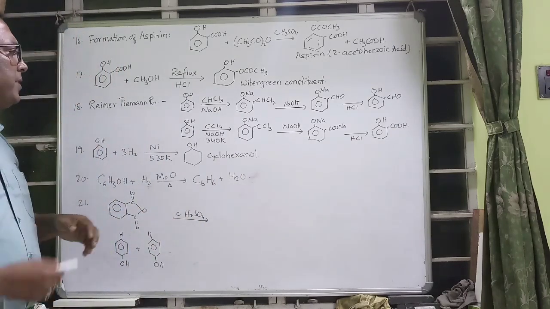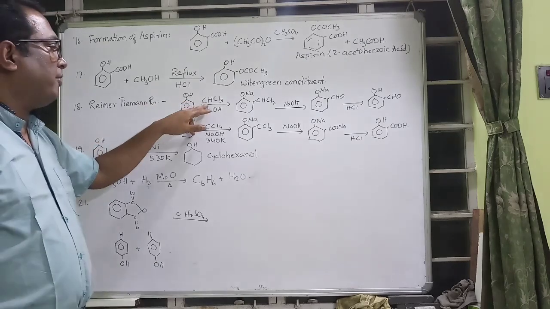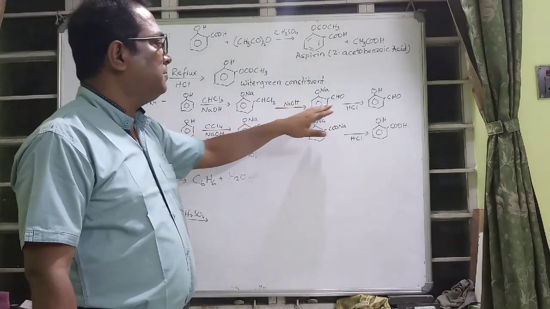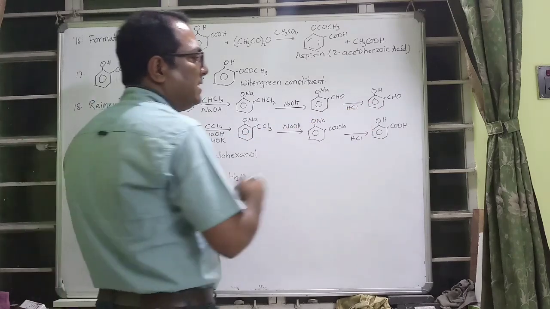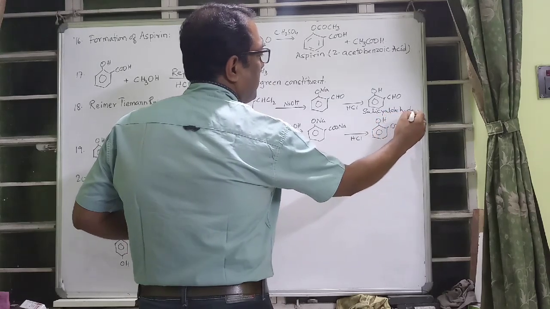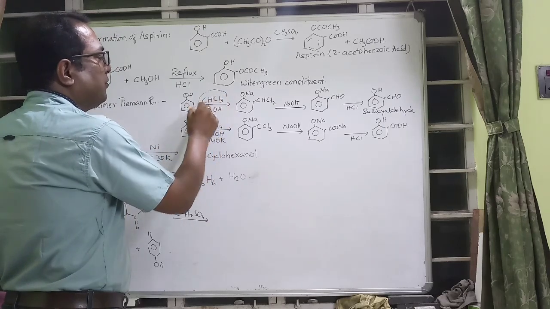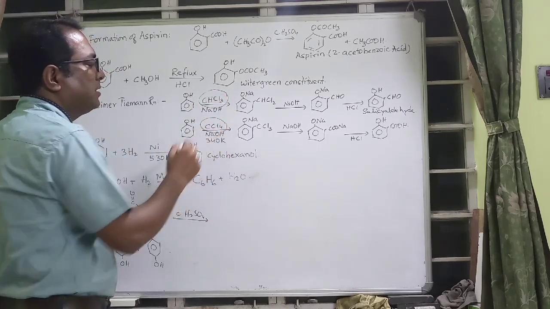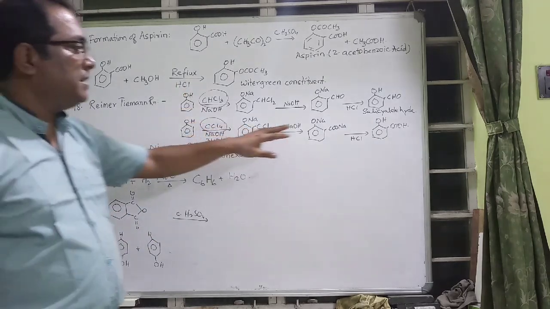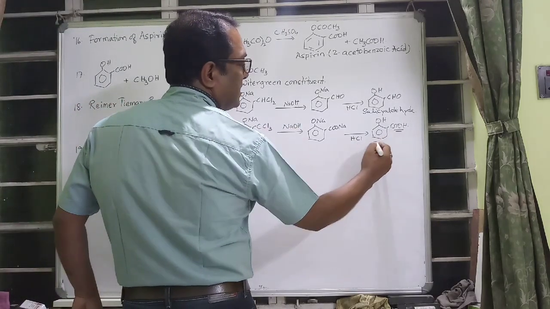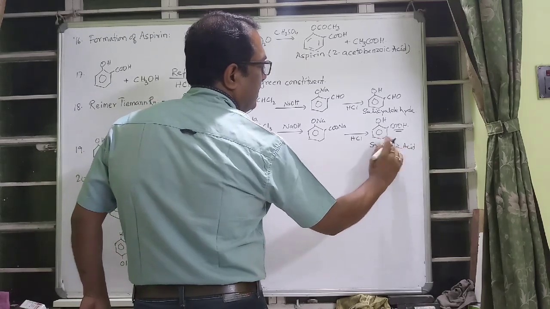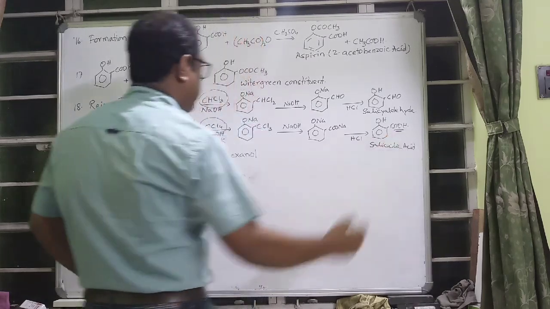In the Reimer-Tiemann reaction, phenol treated with chloroform in the presence of NaOH or KOH, and then with NaOH followed by HCl, produces salicylaldehyde. Remember, if you substitute chloroform with carbon tetrachloride, you get salicylic acid.